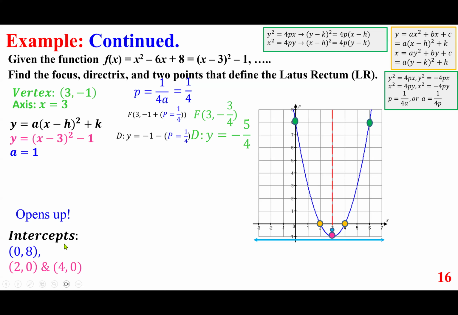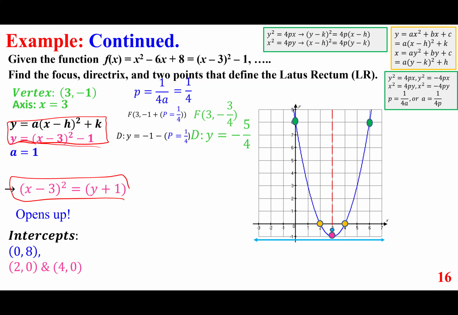And so that's it. We want to go with the equation in this format also. Remember that we have this equation. This is the format we learned in previous courses.